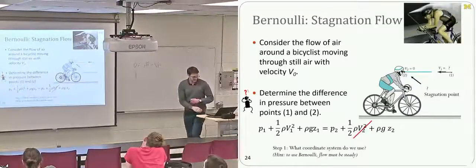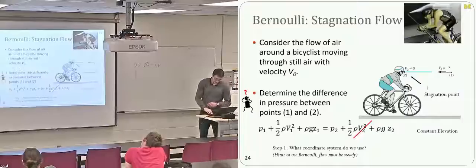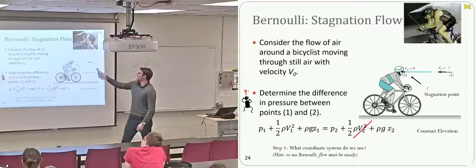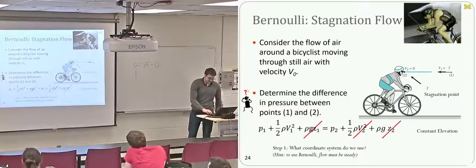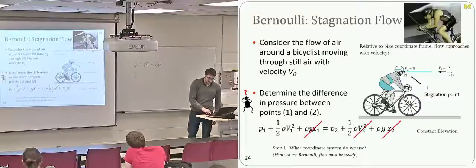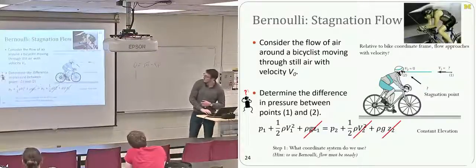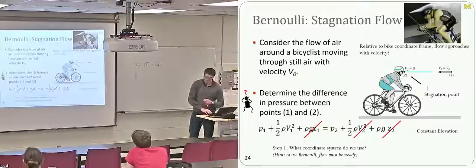V naught. Yeah. Well, first, is there any change in elevation from this point to this point? No? Alright, so let's cancel out the z terms. And then the inflow velocity is, as you said, going to be V naught.